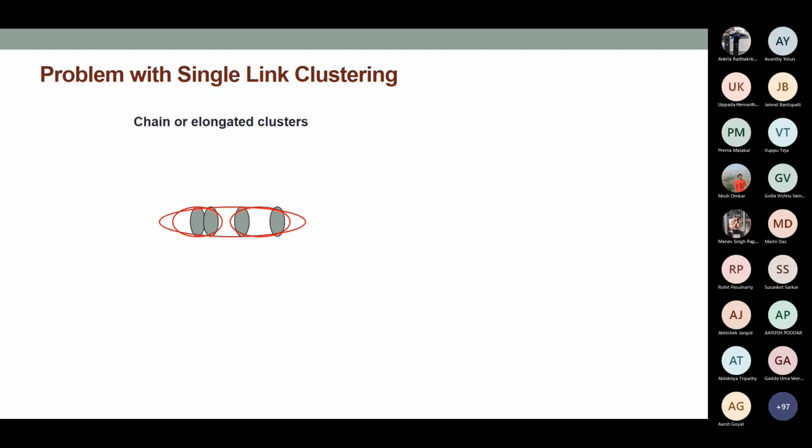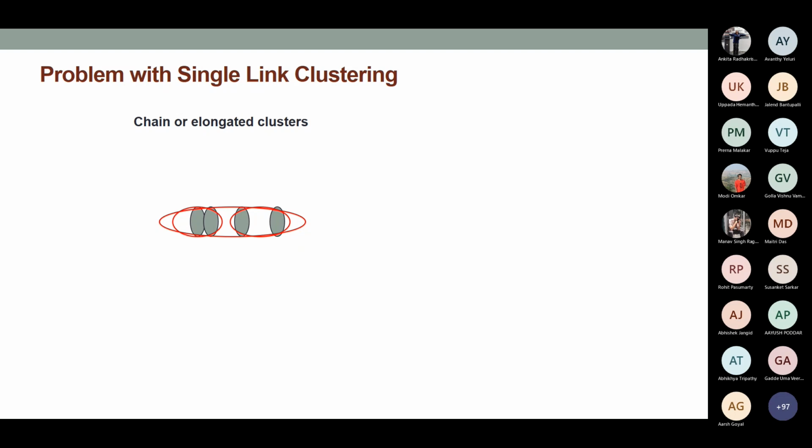Because the proximity or similarity is defined by the closest pair, if only 2 points from 2 different groups are related, you are going to put together all points from the 2 groups. They are defined by the similarity between only a pair of objects. You are not taking into consideration all objects in the groups.